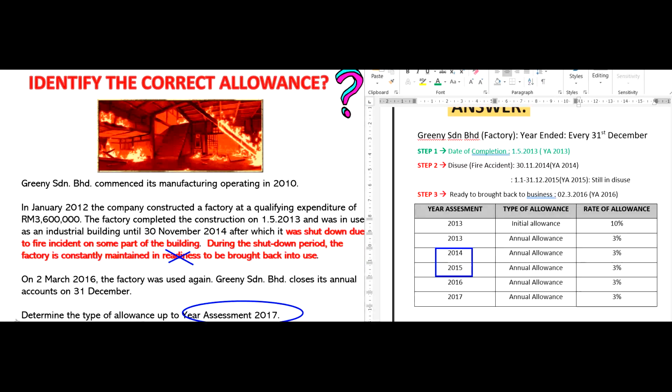But since the company maintains in readiness, Greenish can claim for annual allowance. So that's one example of how to differentiate between initial allowance, annual allowance, and notional allowance.